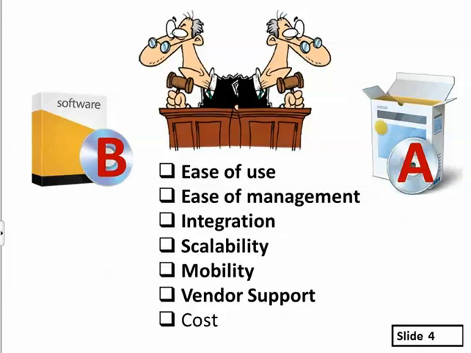Because if you go with a cheap product, a less expensive product that does not meet your requirements in those first 6 areas, you will end up spending more money in the long run. Sometimes you get what you pay for. So don't let cost be the overriding factor. Determine your correct choice based on how well it's going to help your business and how easy it is to use and manage.